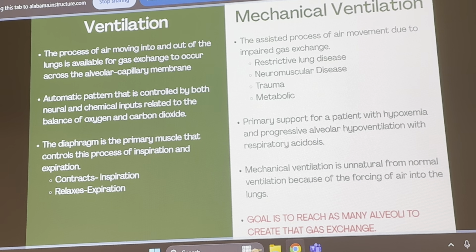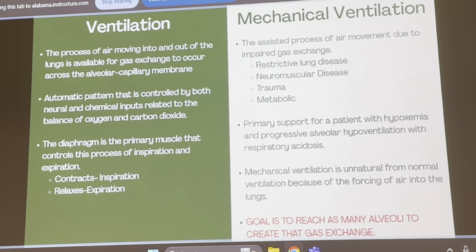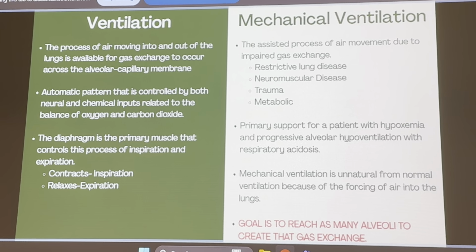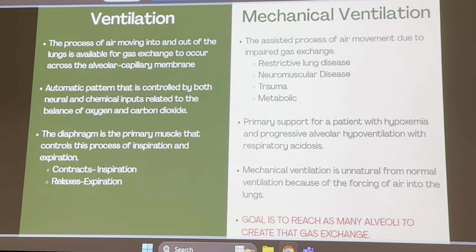As far as mechanical ventilation, our main goal is going to be to open up those lungs as much as possible, open up those alveoli as much as possible, keep them open for a sustained period of time, allowing for that CO2 and oxygenation gas exchange to occur. The more alveoli that we have open at one time, the better off we are, because we can create more of that gas exchange.